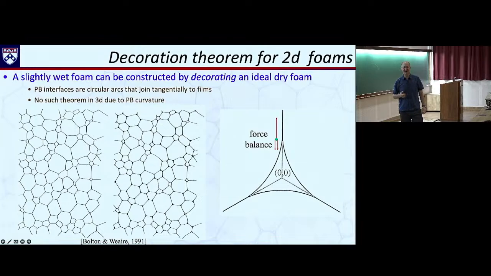Even quasi-statically, there will be dissipation because you will knock bubbles past each other. They'll rearrange and you'll dissipate energy there. And then there is flow in the vertices and the Plateau borders and even in the films. And those are all sources of dissipation. So there's definitely interesting viscous dissipation.